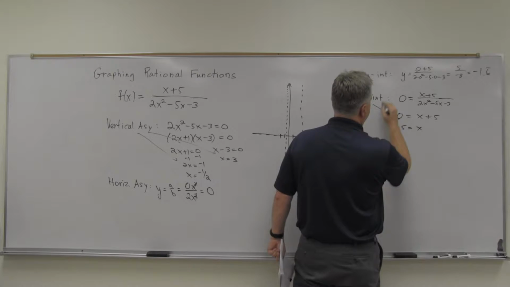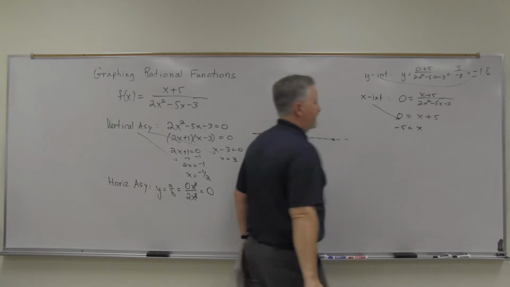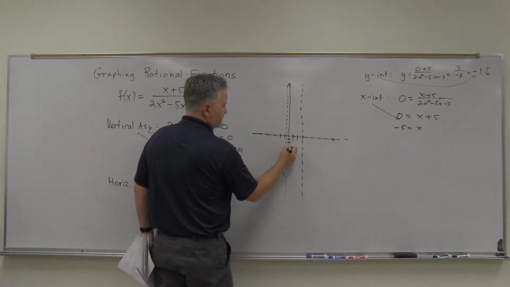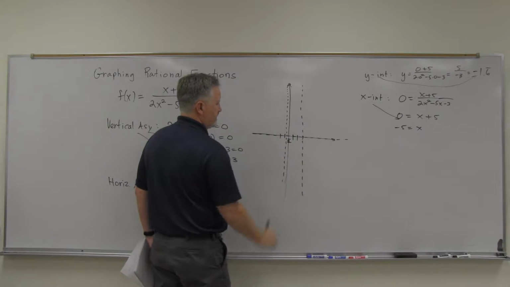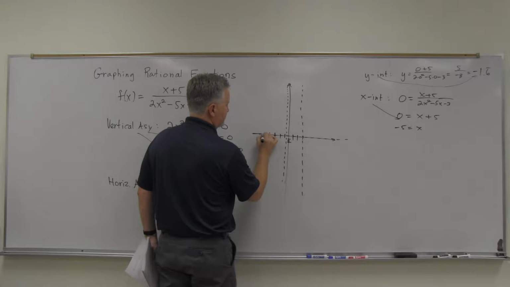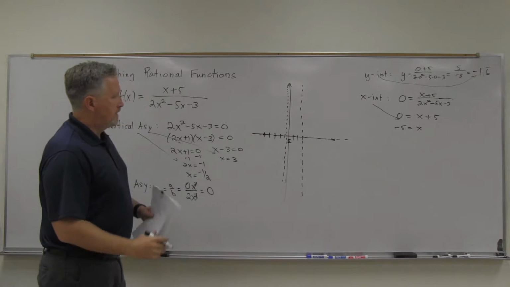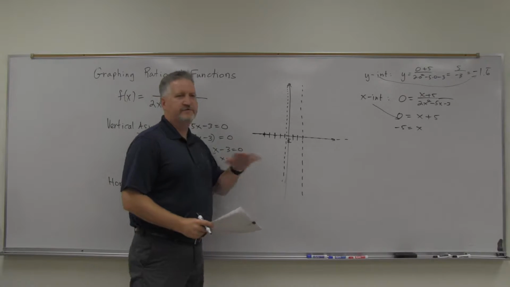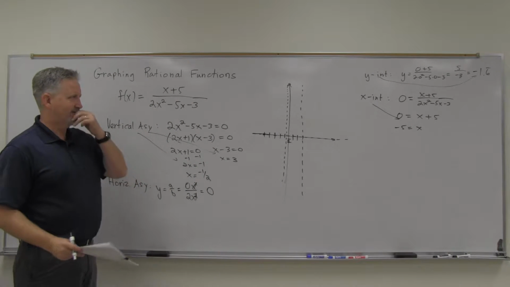So the x-intercept's negative 5 and y-intercept's negative 1.6 repeating. So I cross the y-axis at negative 1.6 repeating, and the x-axis at negative 5. Which you might notice there is right on the horizontal asymptote. So I'll say a little more about that in just a second.